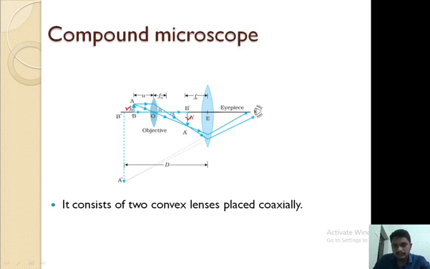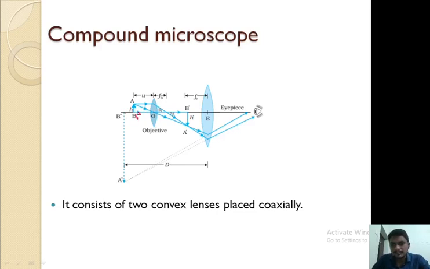Here the object is placed just beyond the focus. If the object is placed below the focus, the image will be obtained on the same side, but it is not our case. We need to get the image on the other side. That is why the object is placed beyond the focus.